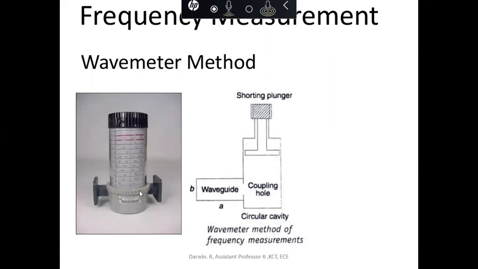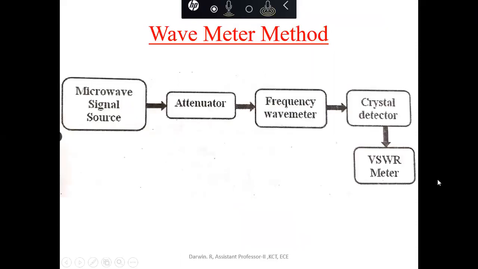I'll show you the total setup for measuring frequency using a wave meter. There will be a microwave signal source in the lab setup, which will be a Klystron oscillator, and then you may be using an attenuator or an isolator. Following that will be the frequency wave meter, and then the VSWR meter, slot line, and so on.